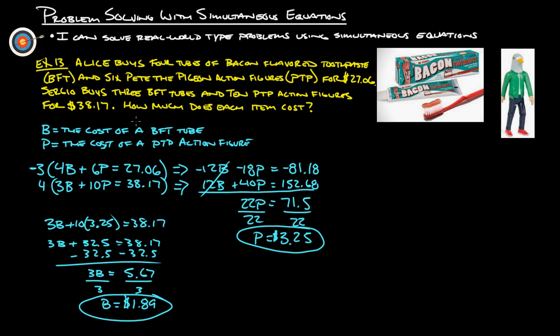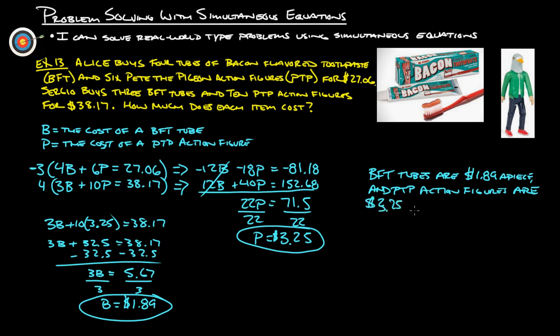Okay, so how much does each item cost? So I would put the bacon flavored toothpaste tubes are $1.89 a piece, and Pete the Pigeon action figures are $3.25 a piece.